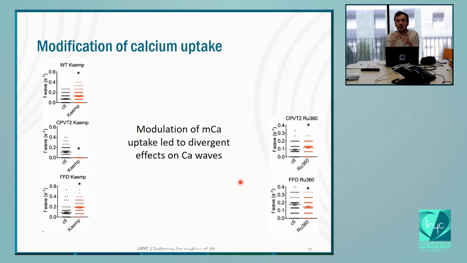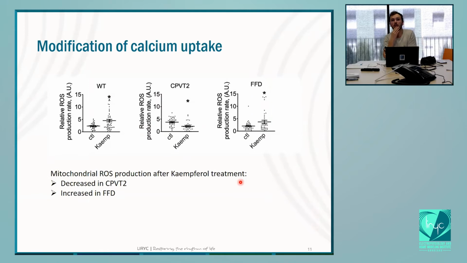And they are also going to look at the mitochondrial membrane potential. First, they look at the ROS production, and kaempferol decreased the ROS production in the CPVT2 and increased the ROS production in the FFD.